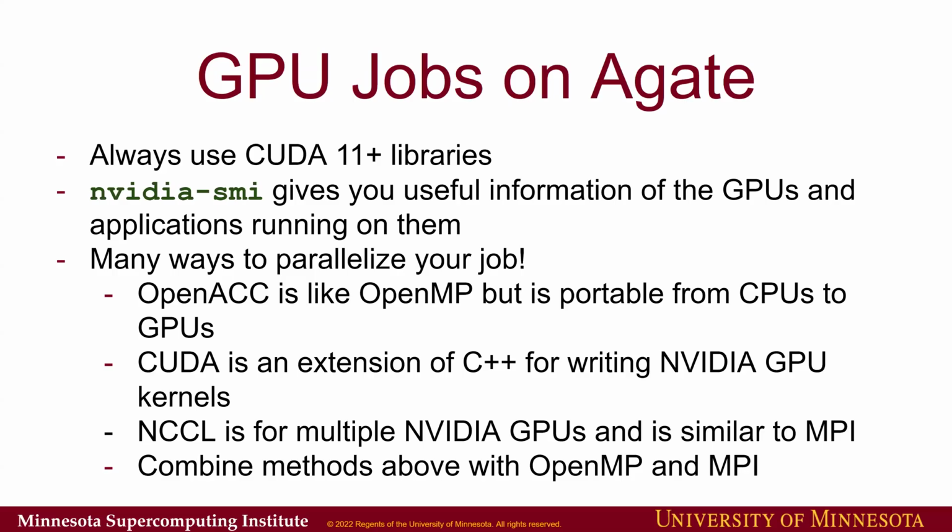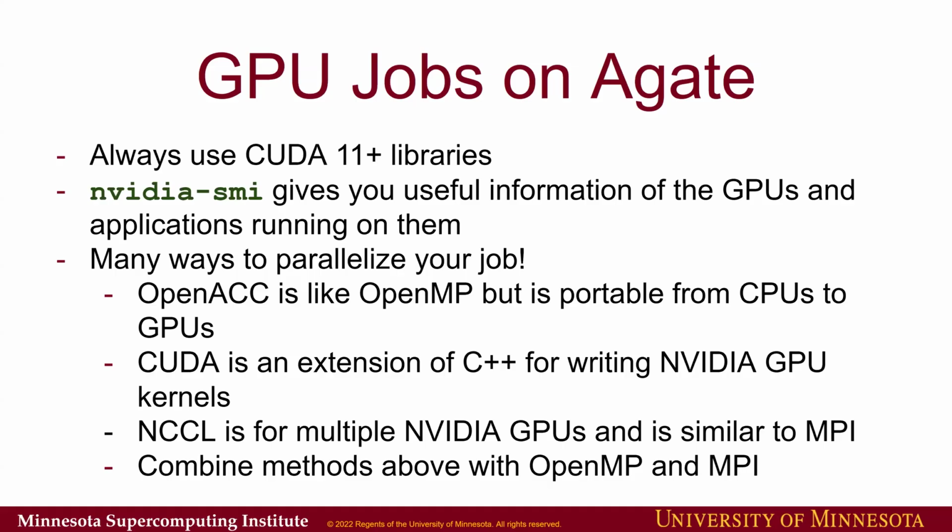Then there are lots of ways to parallelize GPU jobs. You can use something called OpenACC, which is similar to OpenMP, but it's portable from CPUs to GPUs. So it lets you do things in parallel, but then take your code that can run on a laptop and then run it on a GPU. Then CUDA is an extension of C++, and it's for writing NVIDIA GPU kernels. I'll give an example of what that looks like.